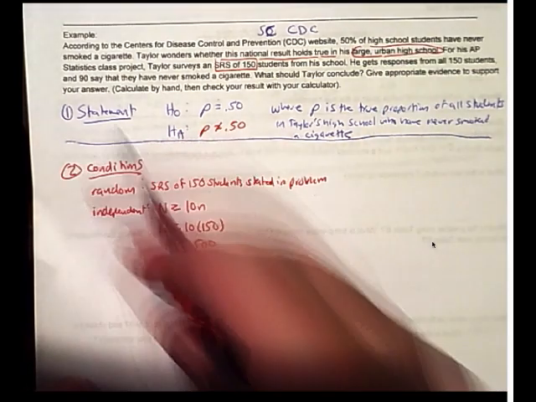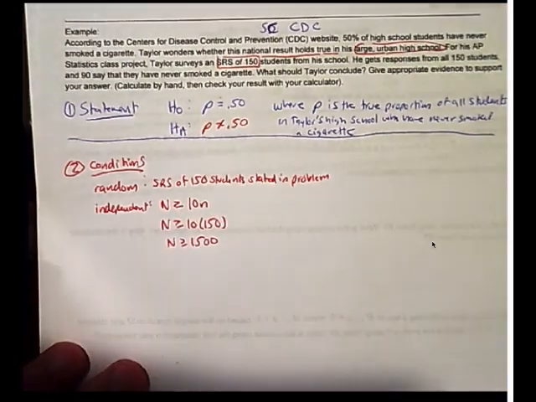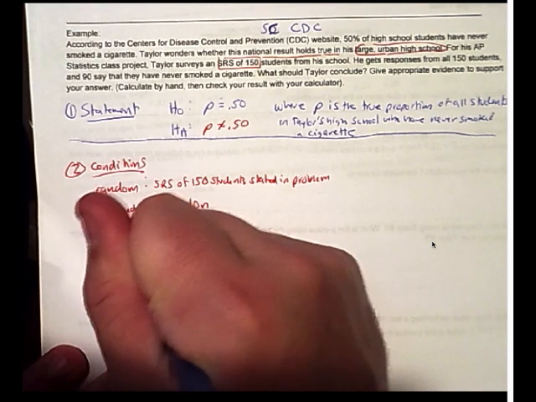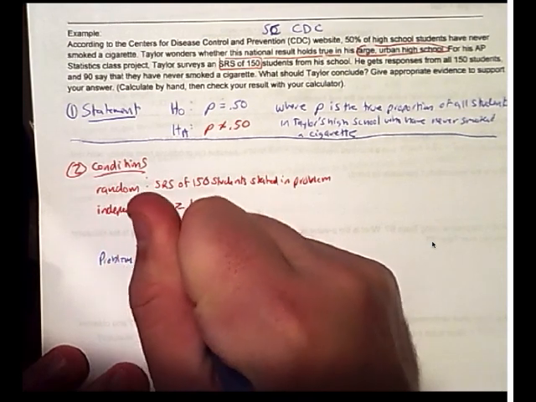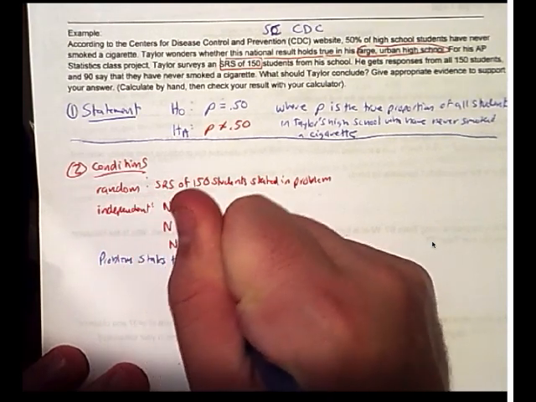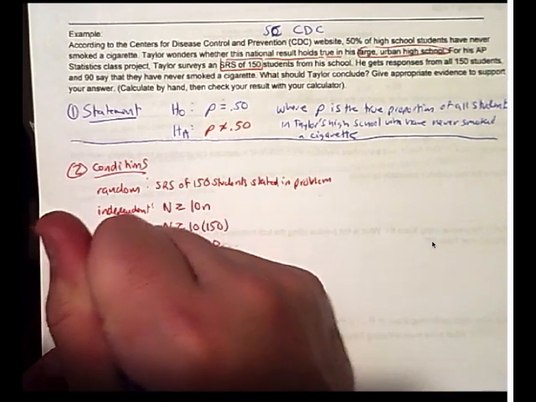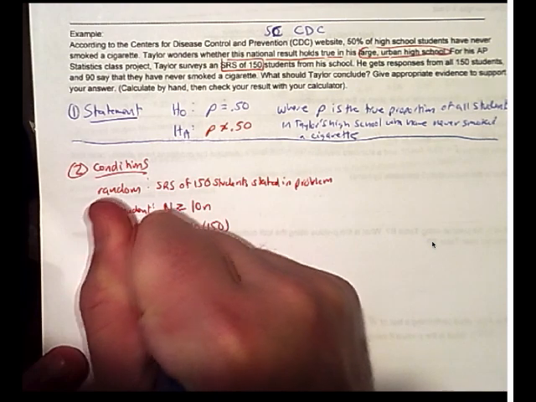So I would write something to the effect of: problem states that Taylor is in a large high school.